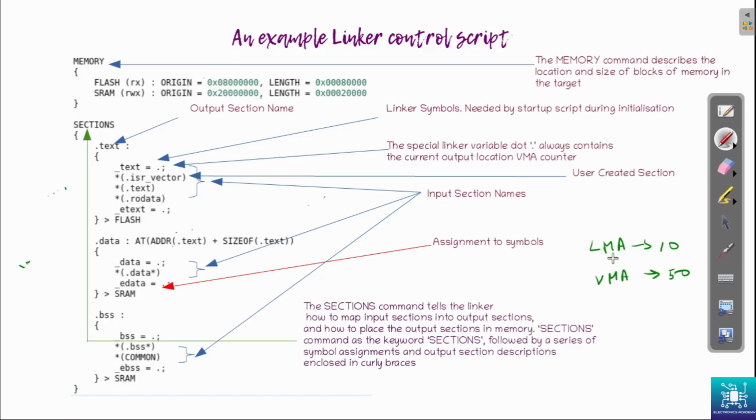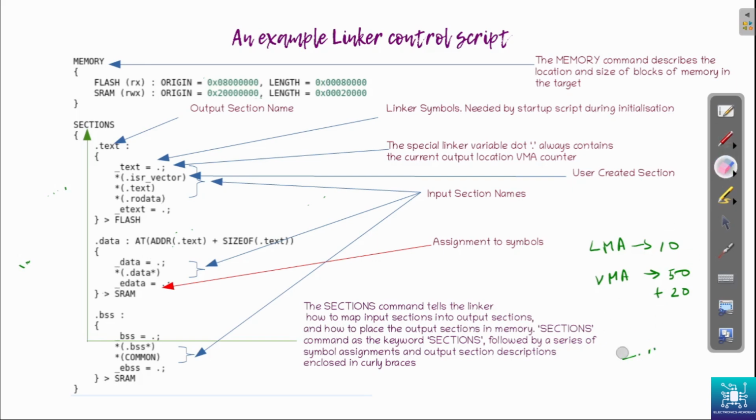So it is maintaining both the LMA and VMA. In the next segment, the VMA is going to be, say, 51, and the LMA, so okay, say the VMA is 50 and the size of this section is, say, 20.